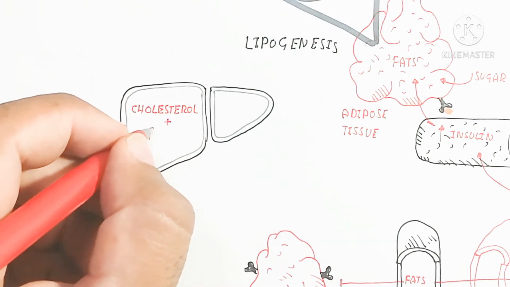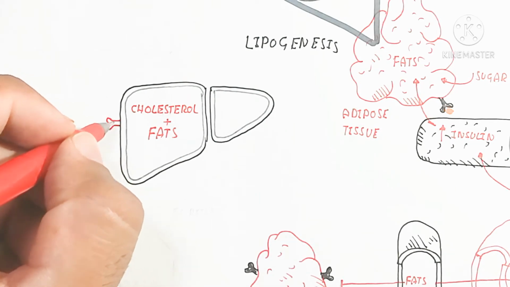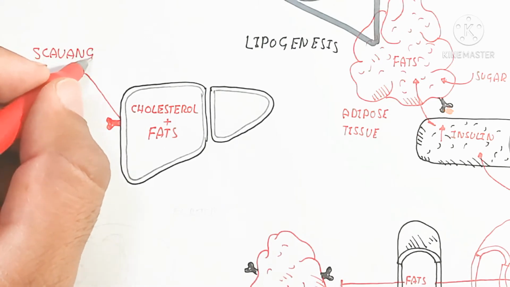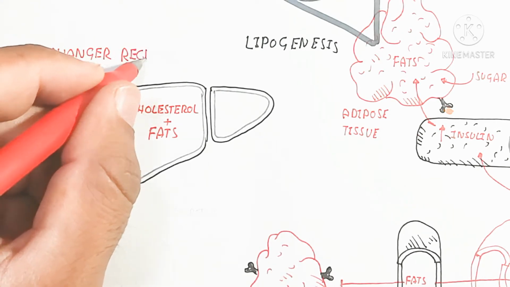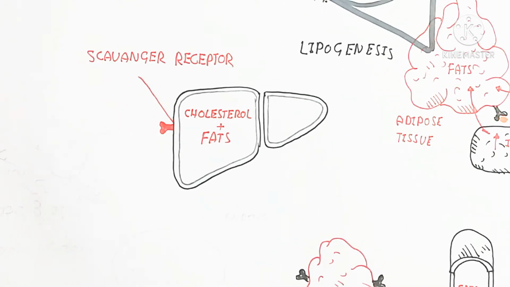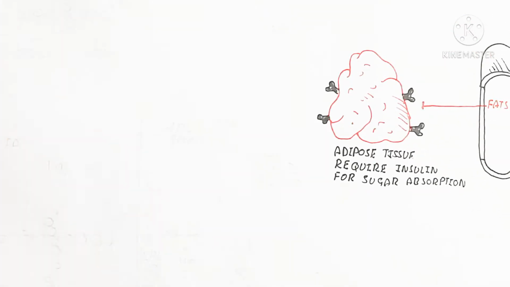So our sugar will move inside. Here is the zoomed-out view, and there are many receptors, but first we will discuss just the insulin receptor. So here is the insulin receptor. Lipogenesis will occur when we eat the sugar. What is the meaning of it?